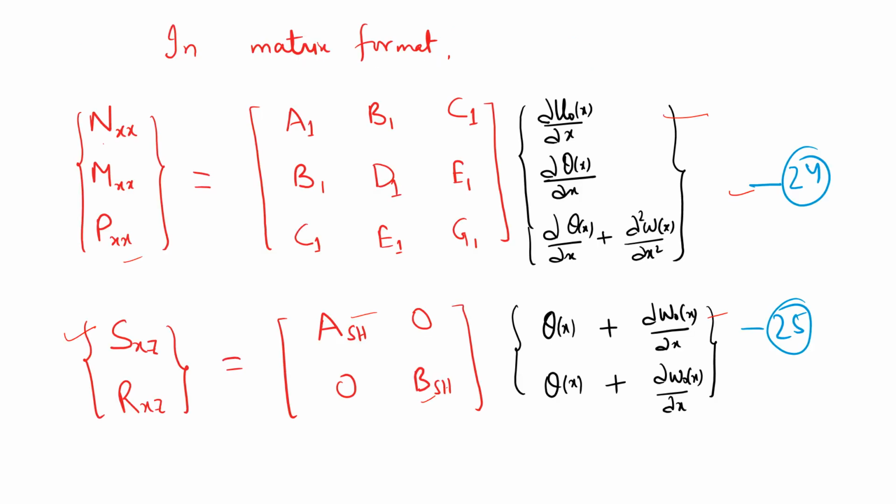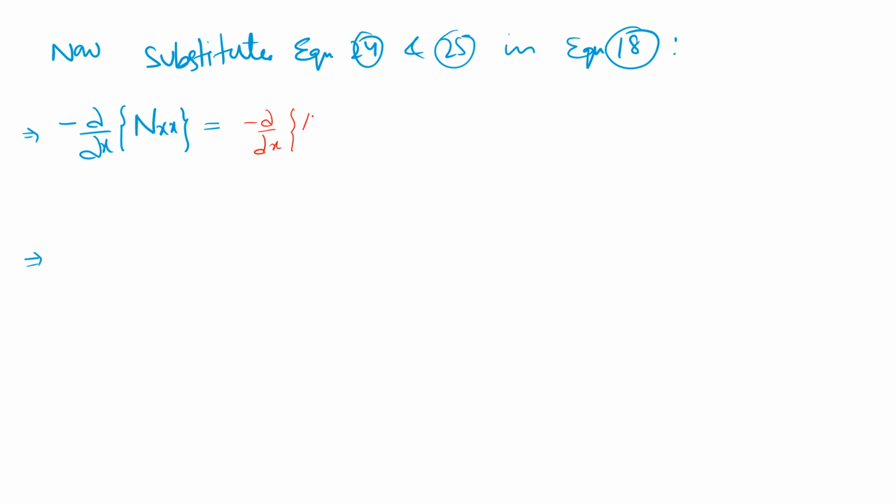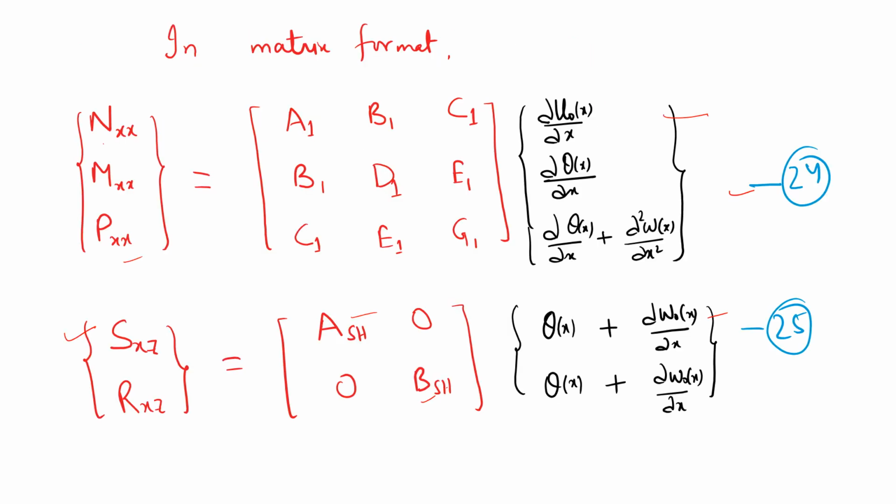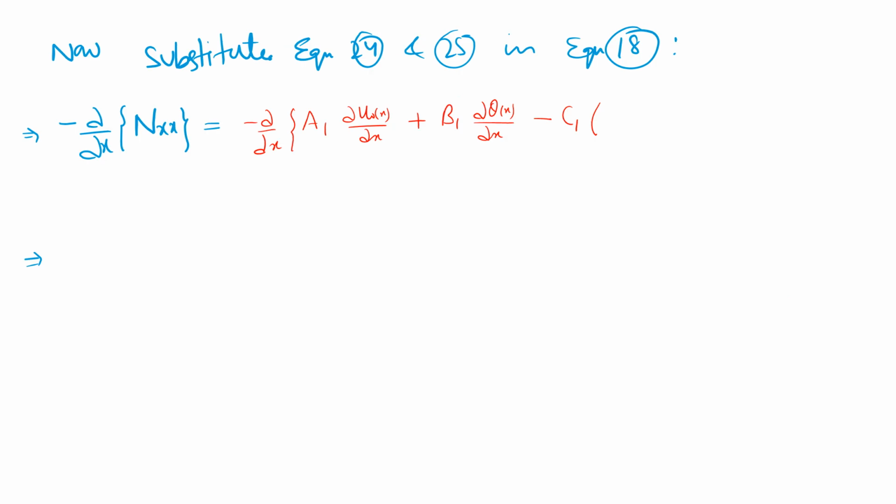So the Nxx value we are having is a1 times ∂u0(x)/∂x plus b1 times ∂θ(x)/∂x minus c1 times ∂θ(x)/∂x plus ∂²w0(x)/∂x².